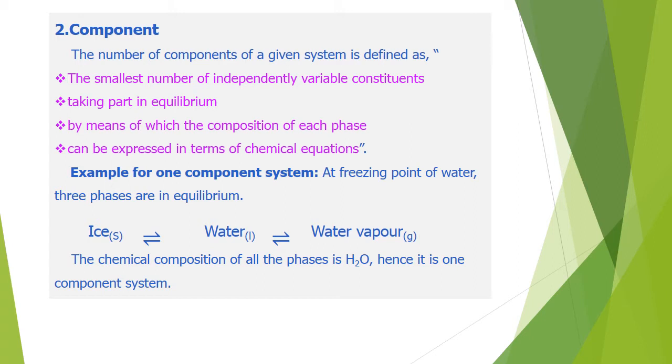Let me repeat: the smallest number of independently variable constituents taking part in an equilibrium by means of which the composition of each phase can be expressed in terms of a chemical equation.